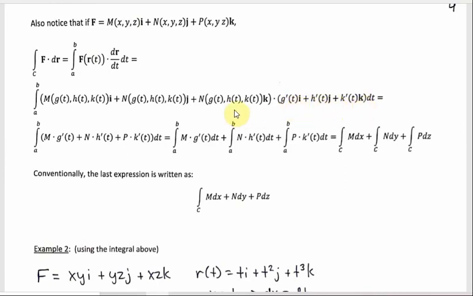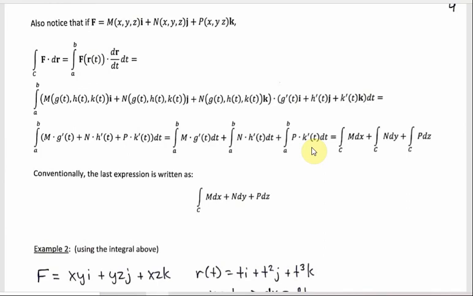And then, I mean, that integral was so enormous that I said down here, I'm just going to write m, n, and p in shorthand. And you'd end up with m multiplied by g prime of t, n multiplied by h prime, p multiplied by k prime, which then you could break up as individual integrals if you wanted to.